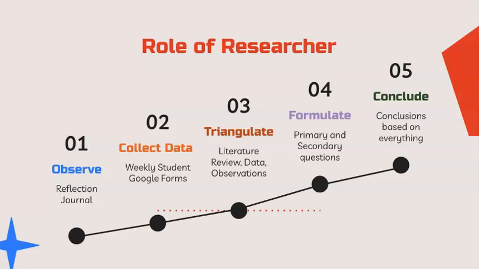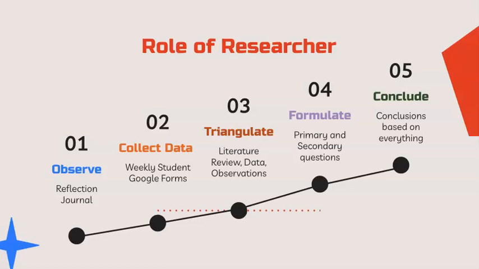I collected data by asking students on a weekly basis for their responses to assessment questions that dealt with social emotional learning and with technology. And then I triangulated all of the literature that I found along with my reflection journal and student forms.